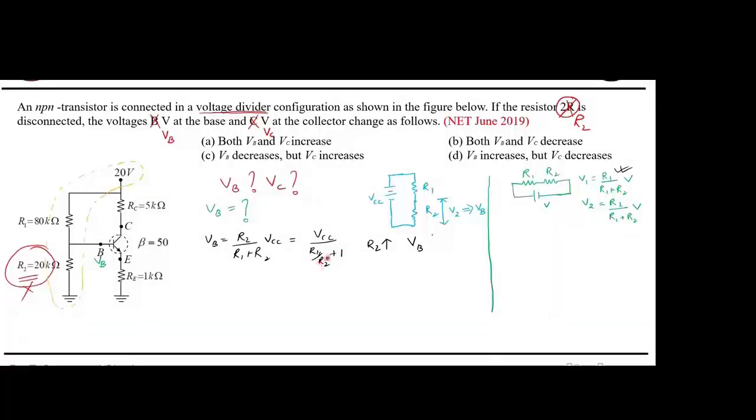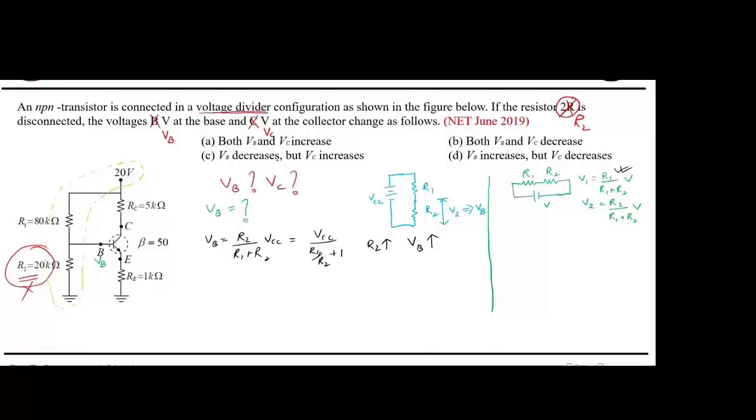If R2 increases, this factor will decrease. If this factor decreases, whole factor will increase or decrease? Sir, the whole factor will increase. Yeah, it will increase. Right. So VB will increase.